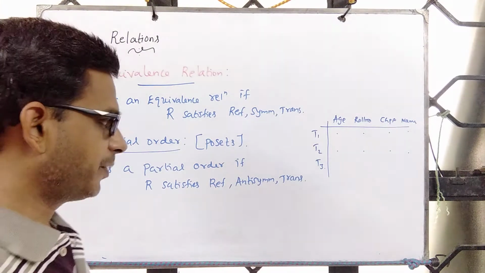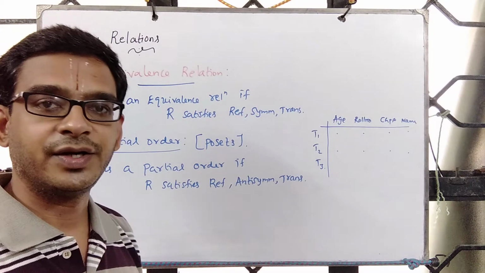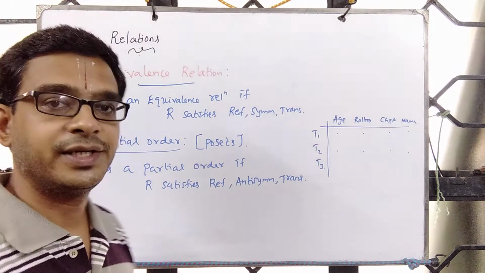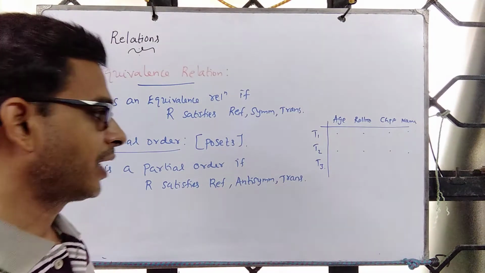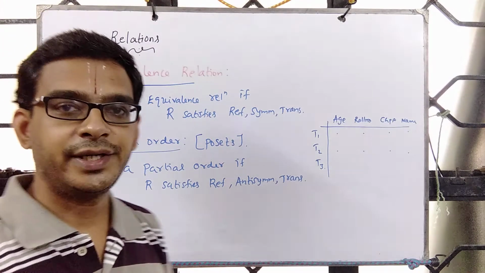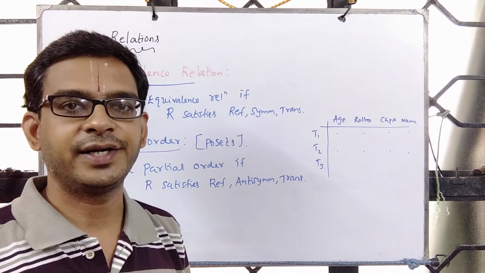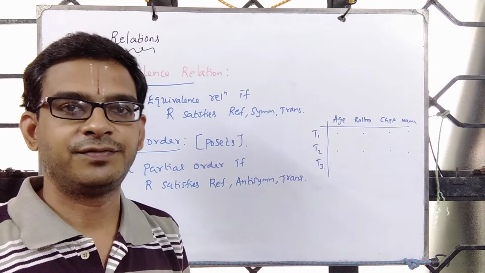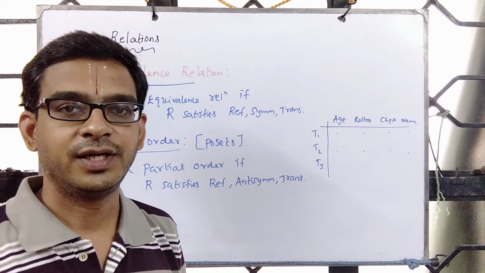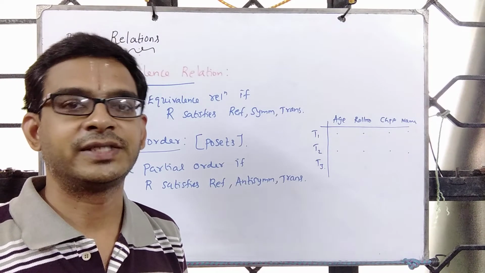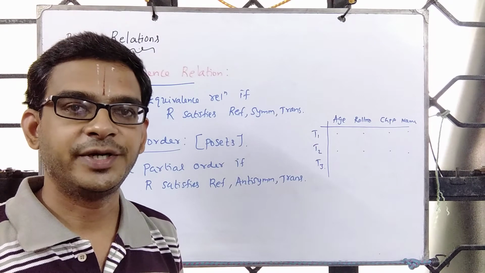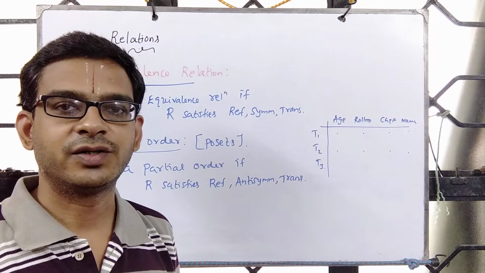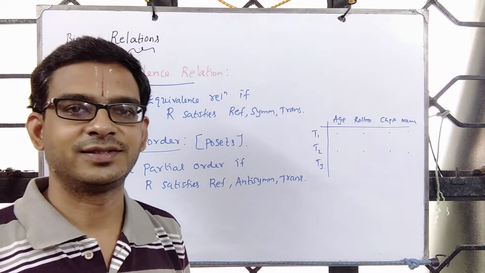We shall look at a couple of relations which are equivalence relations, partial orders, and some interesting insights about that. Having counted reflexive relations and symmetric relations, can we also count the number of equivalence relations? Can we also count the number of partial orders? These are interesting combinatorial or counting questions in the context of binary relations.